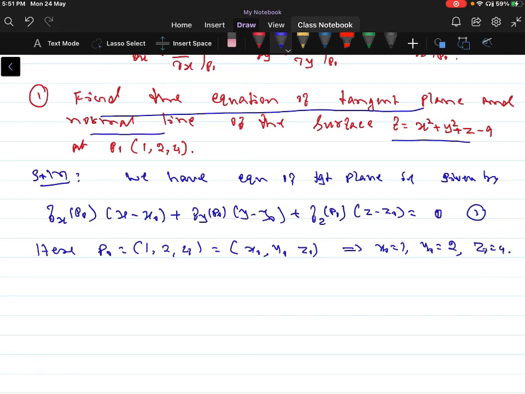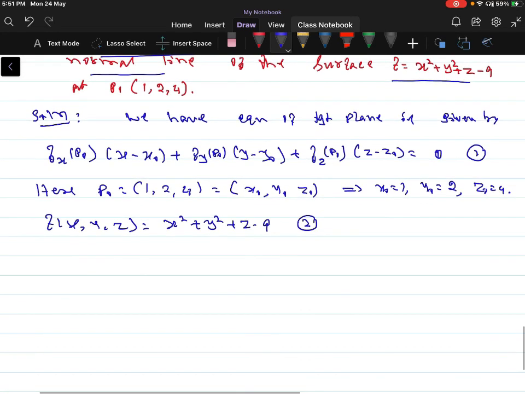So here the given function f of x comma y comma z is equal to x square plus y square plus z minus 10. That is equation 2. So let us find out fx, dou f by dou x, dou f by dou y, and dou f by dou z from equation 2.